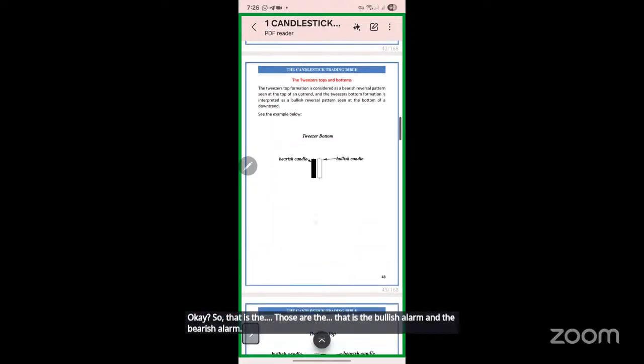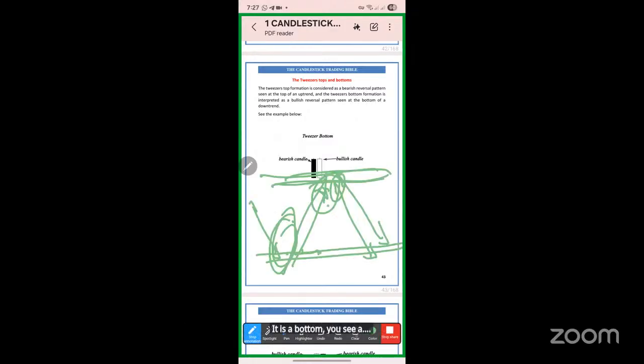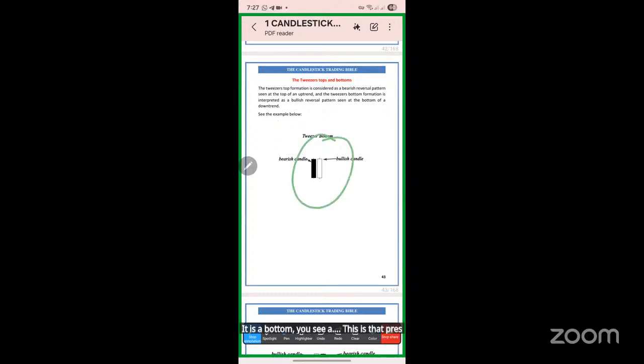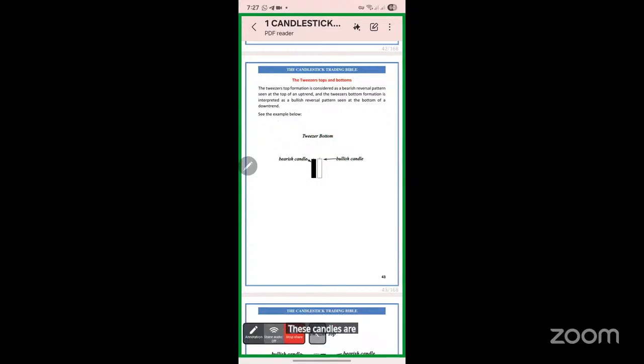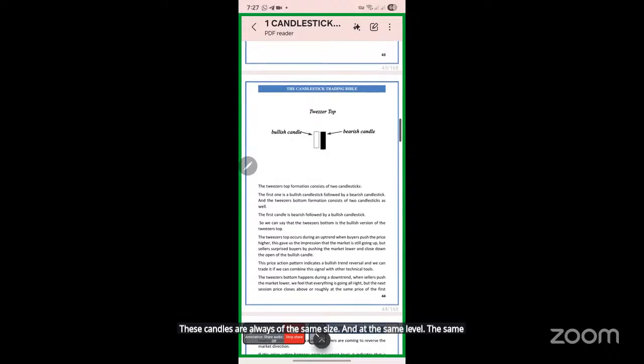We have seen the tweezers, the tweezer bottom and the tweezer tops. This is the tweezer bottom. To qualify, this is the bullish candle, and this is the bearish candle. These candles are always of the same size and at the same level. The same applies to the tweezer top.